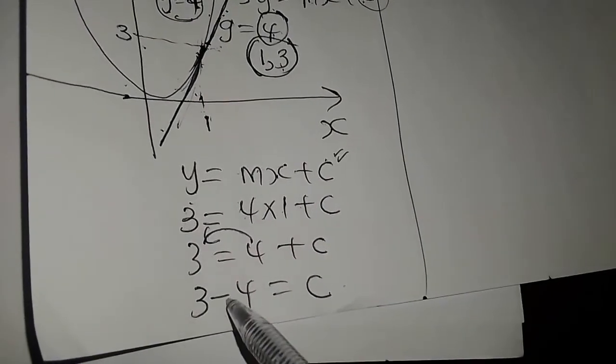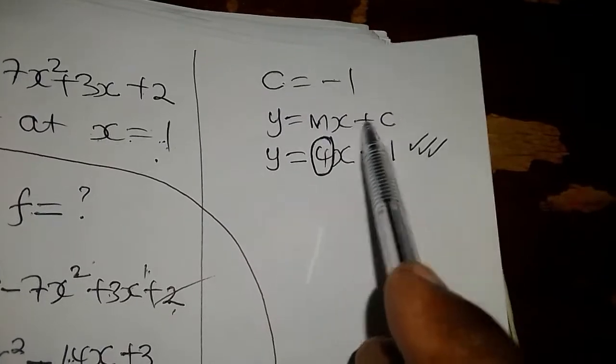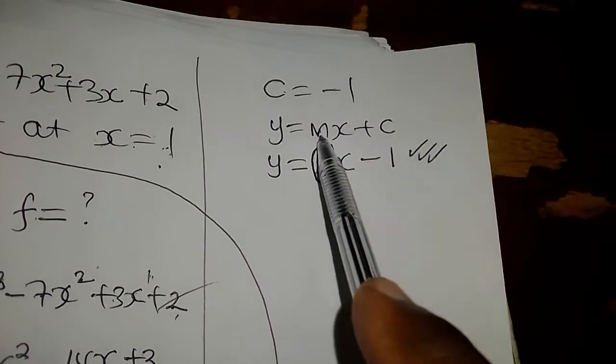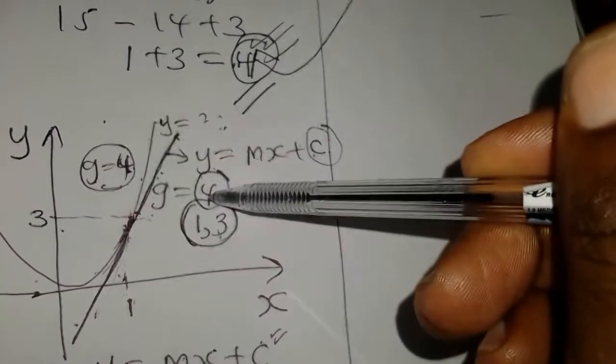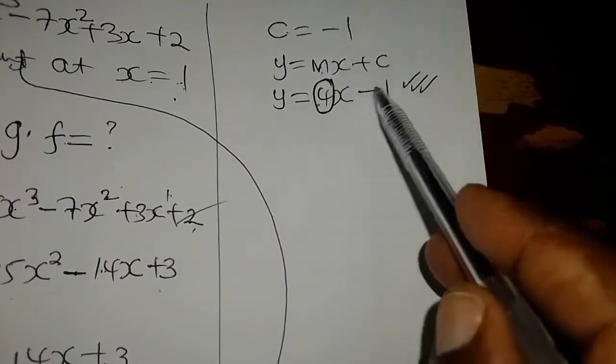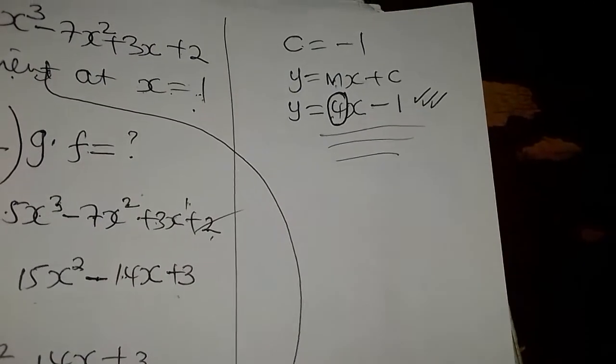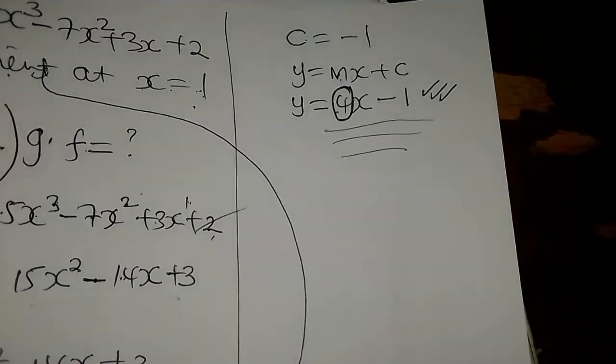So you get the constant as negative 1. The equation is y equals 4x minus 1. That becomes my final answer as far as the equation of the tangent is concerned.